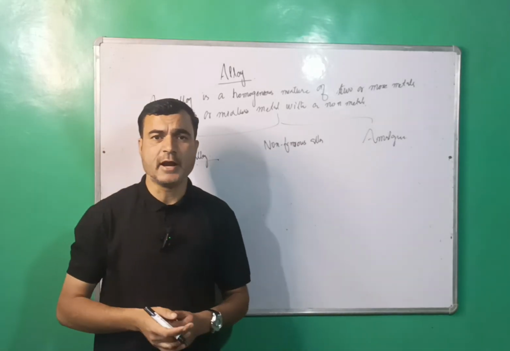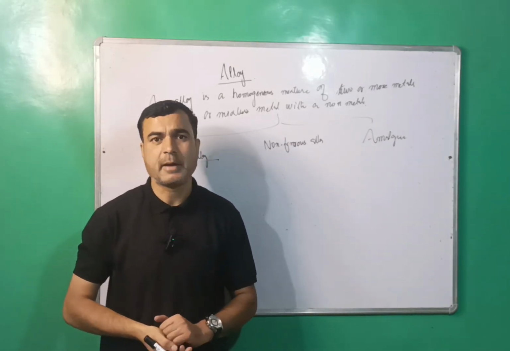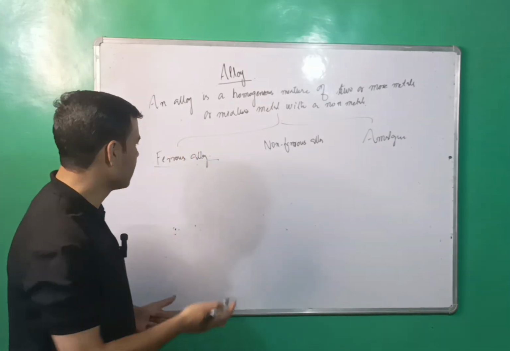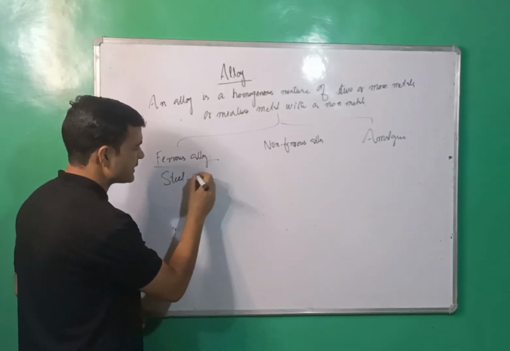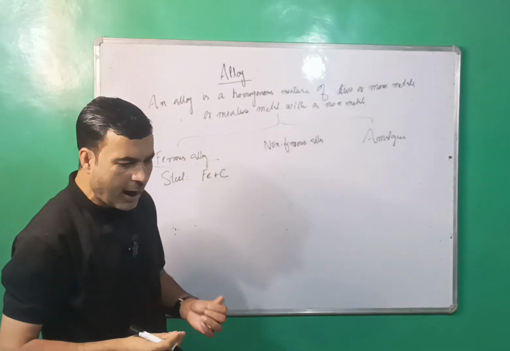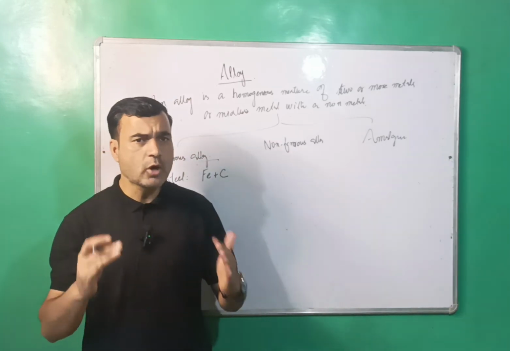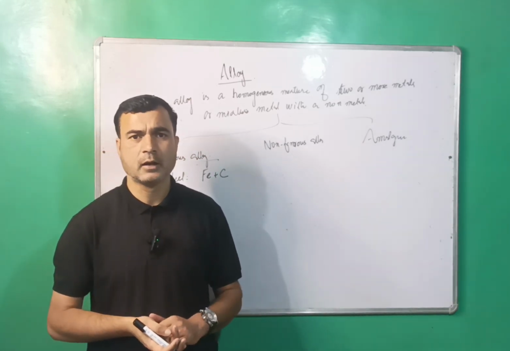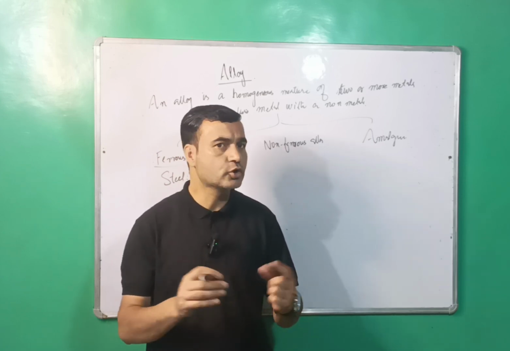The alloy which contains iron as one of its constituents is called a ferrous alloy. For example, I will give an example of steel. Steel is an alloy of iron plus carbon. As we know, the pure form of a metal is not as strong as compared to the alloy.